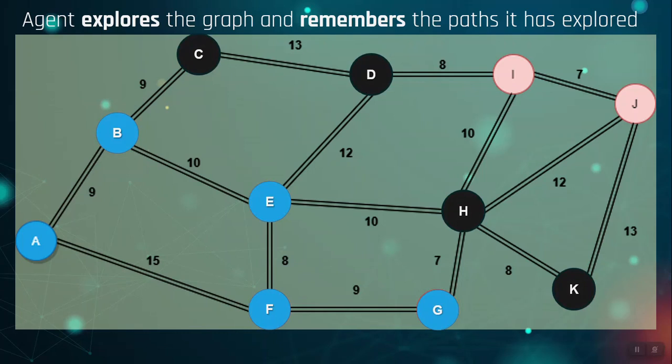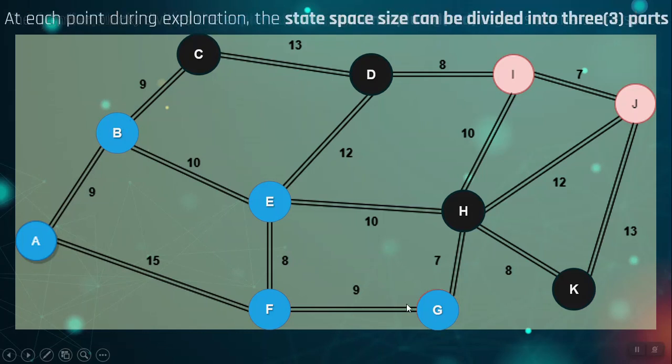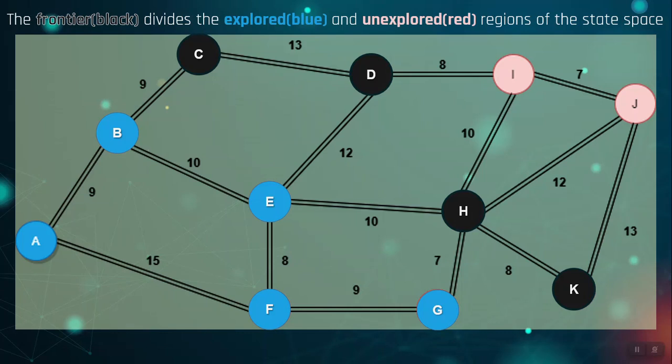At each point of the exploration, the state can be divided into three parts. We have the blue states marking the explored region of the graph. So these are the visited nodes or states. Okay, and then marking the frontier, meaning the possible immediate next states to be explored. And the red states, or it's more like a peach-colored states, marking the unexplored regions of the graph.